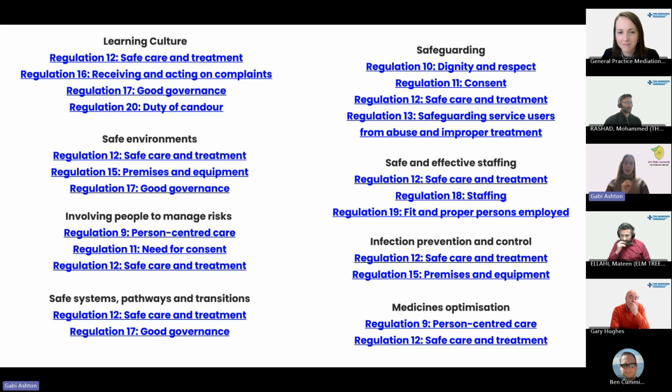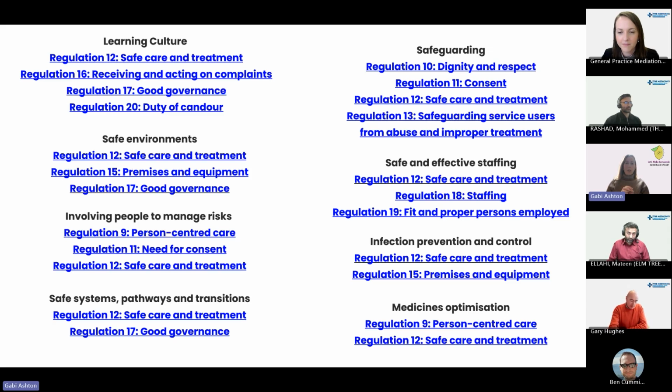Under each of the quality statements, what the CQC have kindly done for us is link the legislation. They've linked the Health and Social Care Act of 2008, otherwise known as the fundamental standards. And where relevant, they will also link the notification requirements of 2009 for us.